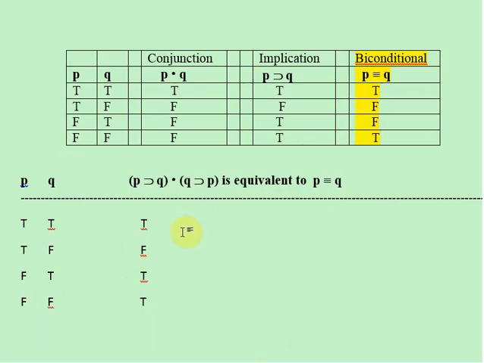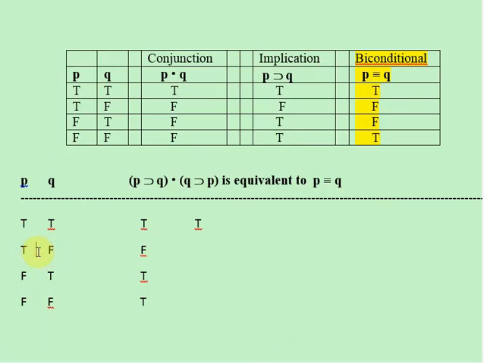Okay, so the right conjunct is the case in which we're looking at Q as the antecedent and P as the consequent. Well, the first row is easy because, again, they're both true, so the whole thing ends up being true. Okay, the second row is a little bit more tricky. We have the case in which Q is false and P is true.